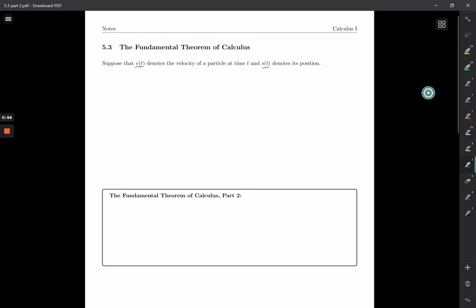And we know that velocity is the derivative of position, so we're using our intuition in this case to come up with the statement of this fundamental theorem. Okay, so we'll consider an interval of time AB, right?